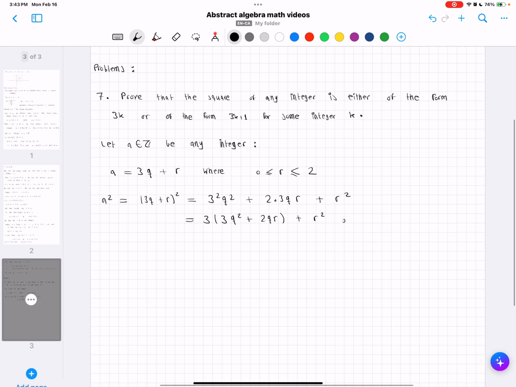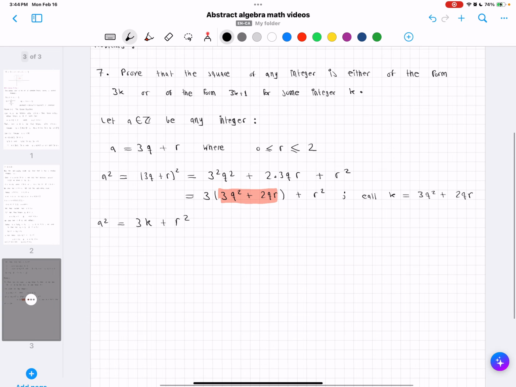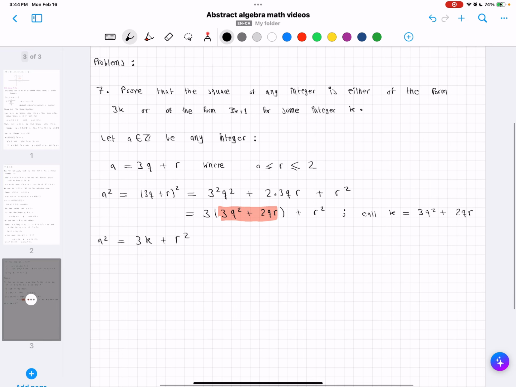I'm gonna call that quantity that I will highlight in red k. So then we can write a squared as 3 times k plus r squared. Let's change it a little bit. Let's call it k prime.